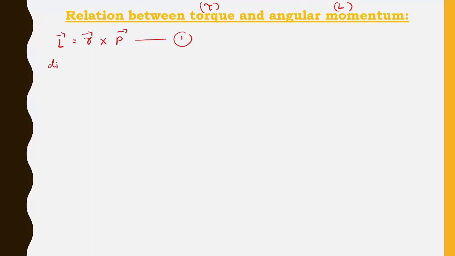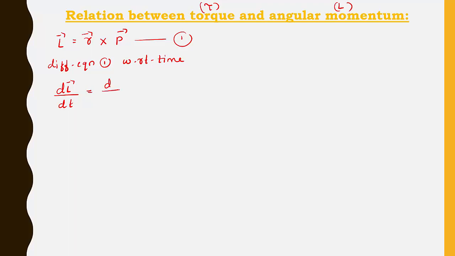Now differentiating this equation with respect to time. Differentiating equation 1 with respect to time, what can we get? L is angular momentum, a variable. So we can write dL divided by dt is equal to, so what is R? R is a variable. P, linear momentum, is also a variable.